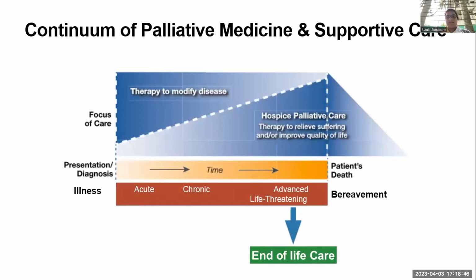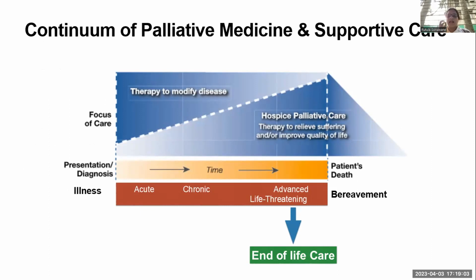So that is the trajectory as we see. Initially it was thought that palliative medicine came into the picture only during end of life care or hospice care, but slowly over the years there has been a shift in the paradigm.